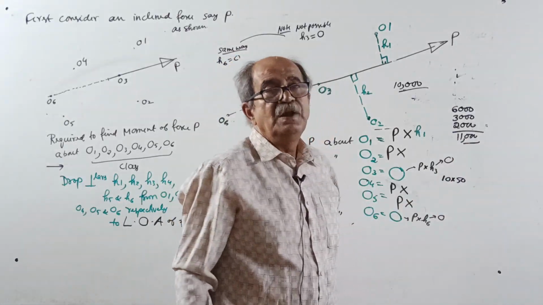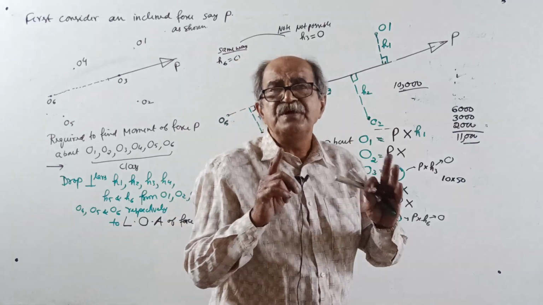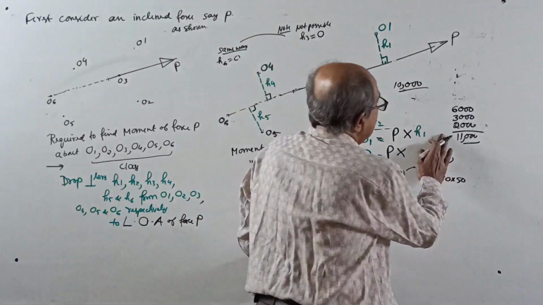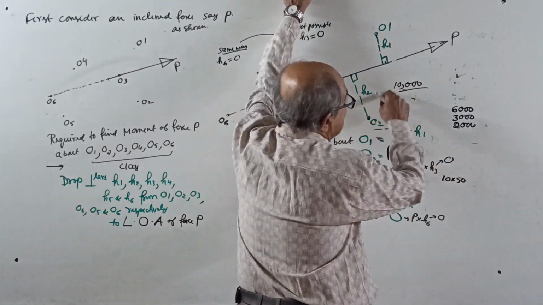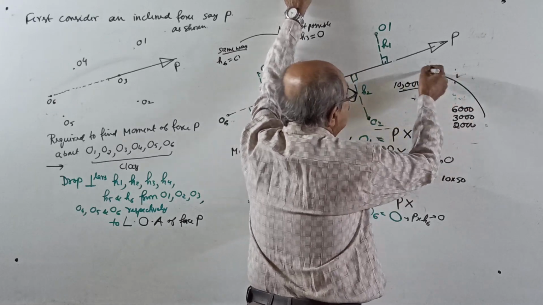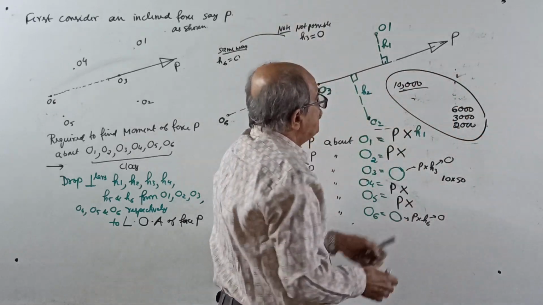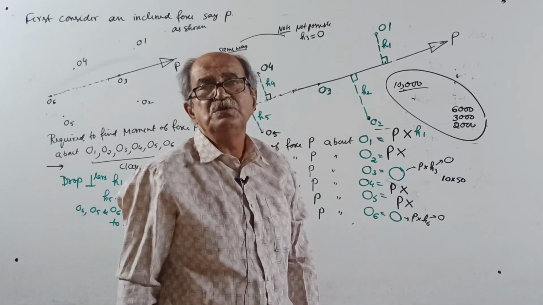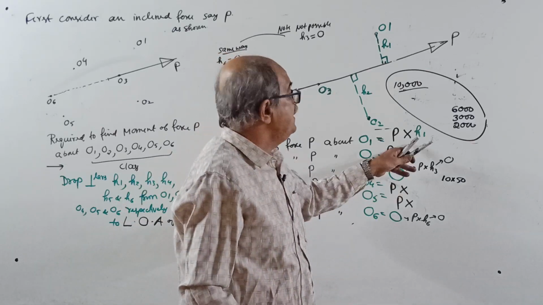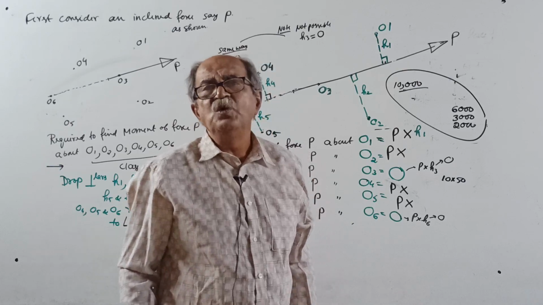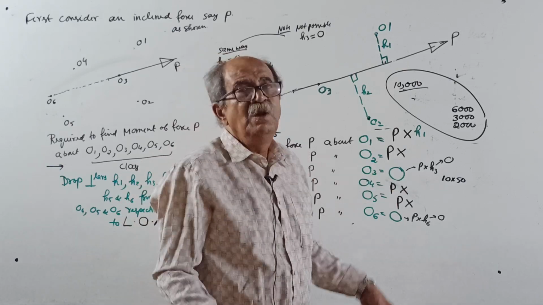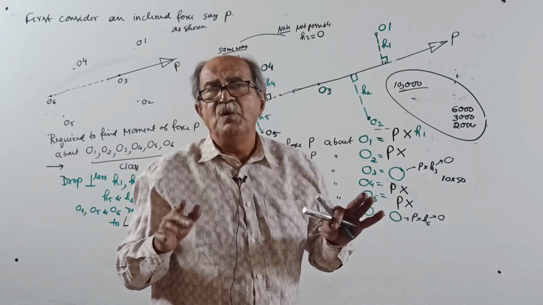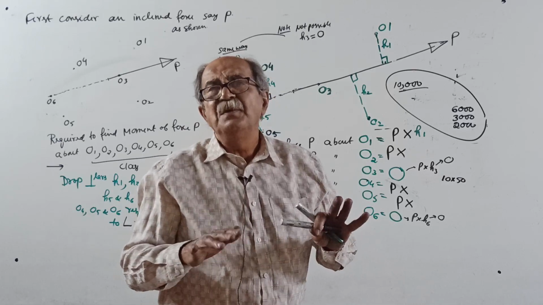So unless you go for sign convention, if you combine these into a single calculation, you can tell plus 10,000 minus 6,000 minus 3,000 minus 2,000. But when you decide individually, you don't go for sign. Till we decide sign convention for moment, you never consider plus minus.